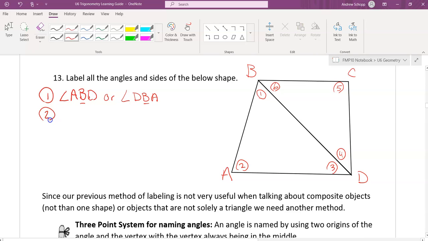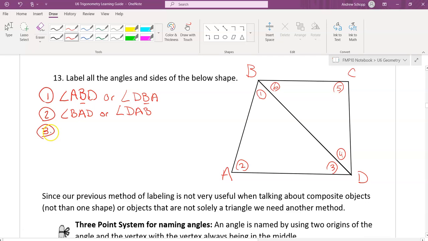For angle 2, we can label this, talking down here, so A has to be in the middle. We can go from B to A to D. So angle BAD or angle DAB.